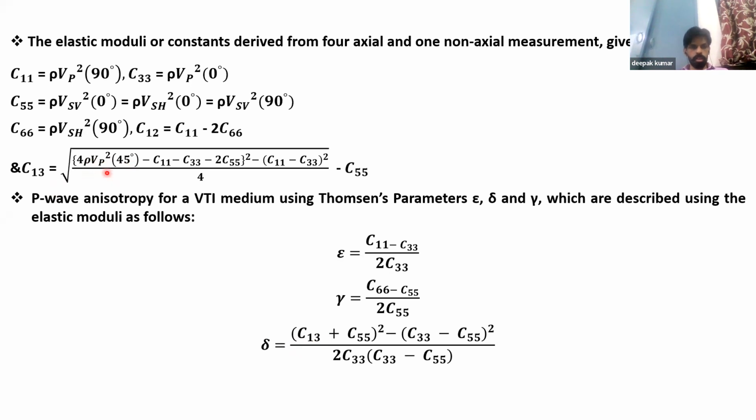For the computation of C13, we take the upper and lower bound of C13, which can be easily computed without considering VP45. After computing the lower and upper bound of C13, taking the average of that gives you the actual C13, and then from that we can compute delta.